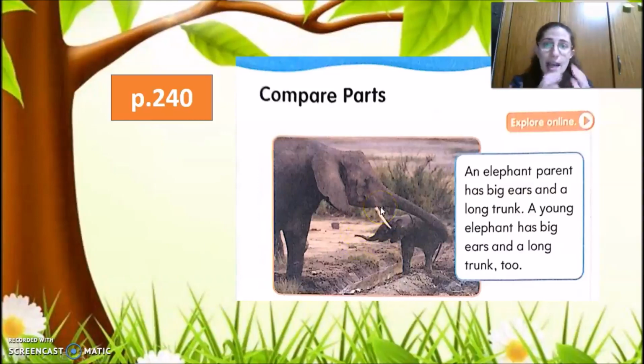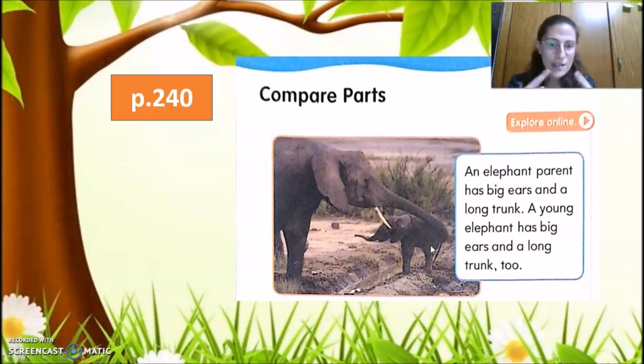And this means that the young animals and their parents share most of their parts. So both of them have most of their parts like each other, but they have a difference in their sizes. But other parts are still missing in the young elephant or in the young animals, but as they grow day after day, they will grow these tusks to look like their parent elephants. So in this case, the young elephant didn't grow its tusk yet, right?